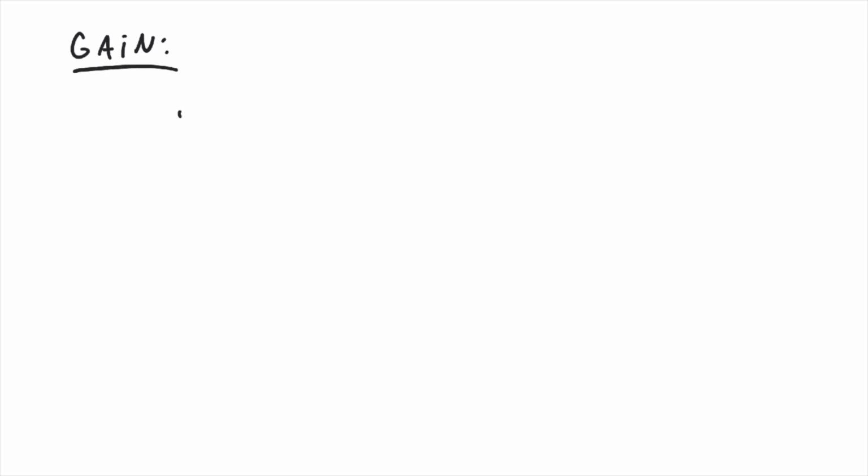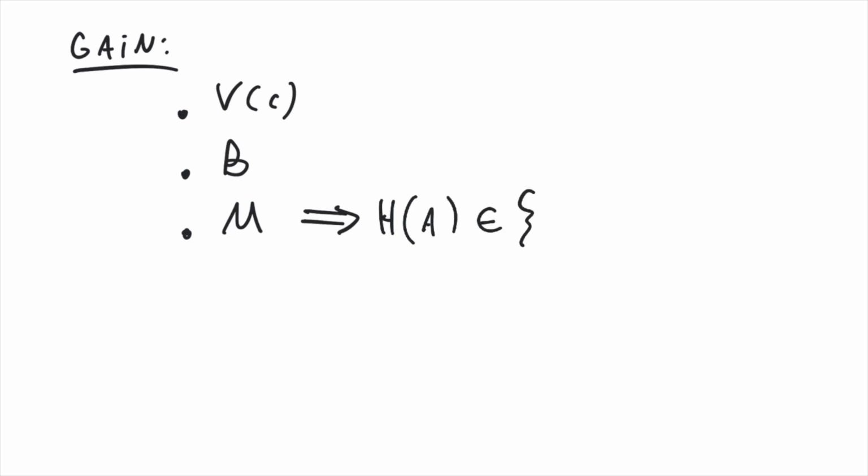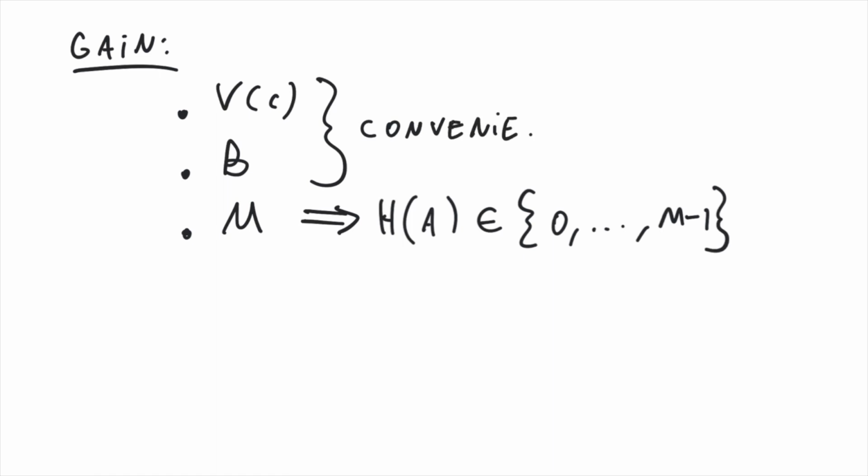We have freedom to choose v of c, much more conveniently. We have freedom to choose a base which replaces k, and we have the freedom to choose a modulo m, at least in the simple modification I already presented in the previous slide. This will make you have small hashes in the range 0 to m minus 1, and these two things are just chosen for convenience.